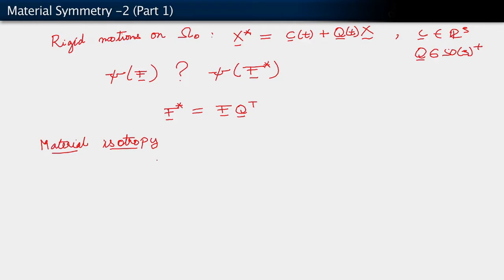So material isotropy is the requirement that psi is a function such that psi of F equals psi of F star, which we know is psi of F Q transpose, for any rotation.